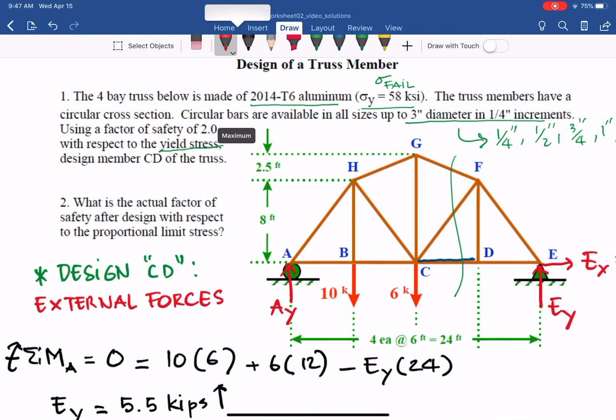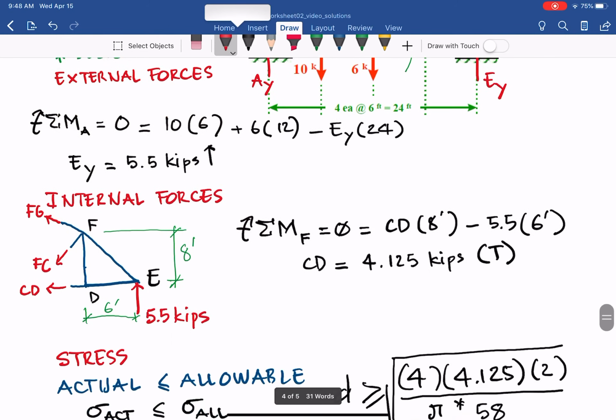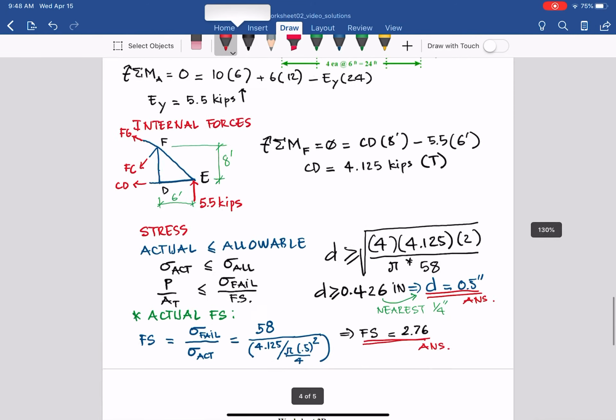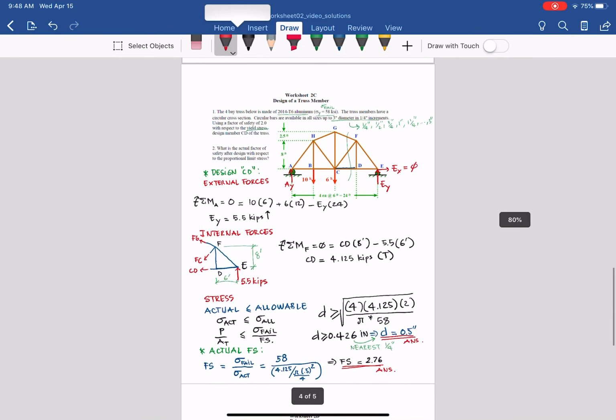When you design, you jump up the diameter. 0.426 is enough, but we jump to a slightly bigger size, 0.5 inches. The factor of safety is a little bit greater, in this case 2.76. That concludes our problem 2C.